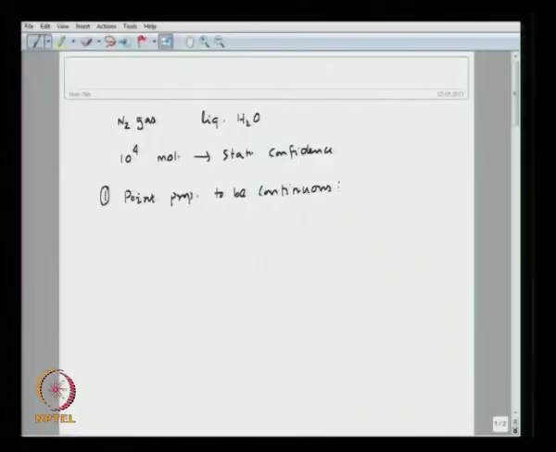To consider the gas to be continuous, the length scale of the gas has to be, so 10 to the power 4 molecules we are considering, and the molecular density of the gas is 3 into 10 to the power 25 per meter cube.